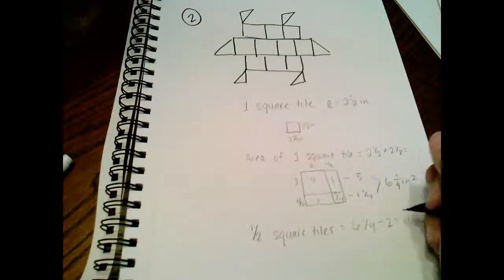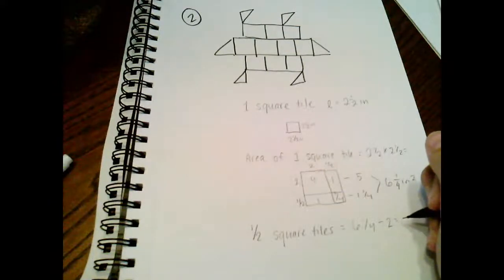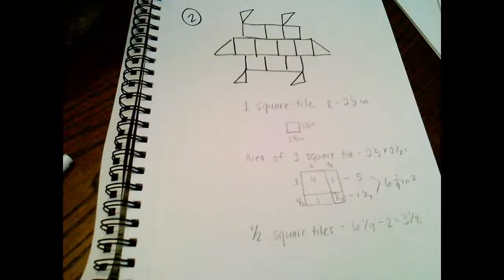So 6 1/4 divided by 2 would be 3 1/8. So now I just have to think about the tiles that I have.